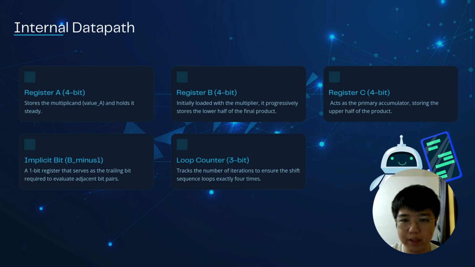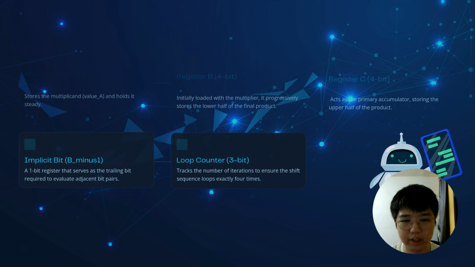Next, we have the implicit bit B minus 1, which is updated in each loop with B0, and the implicit bit determines whether addition, subtraction, or no operation is done. Next, we have a loop counter. The loop counter is used to determine that 4 loops are done to obtain the 8-bit final product.